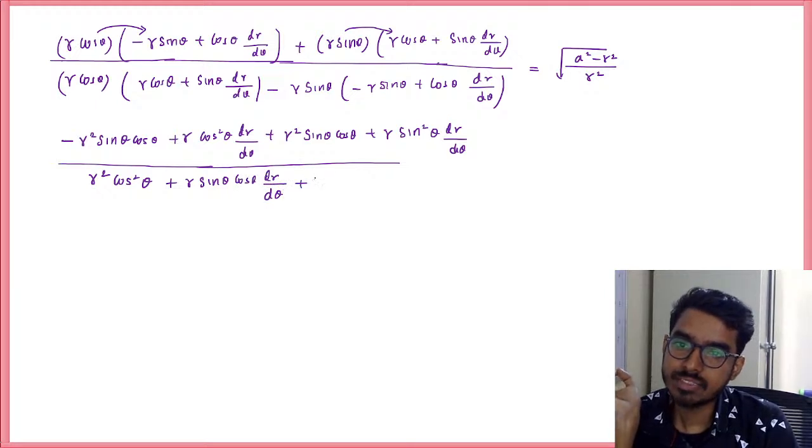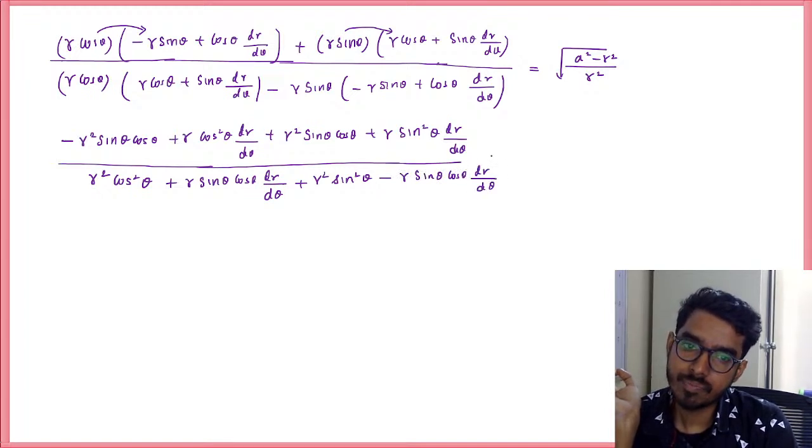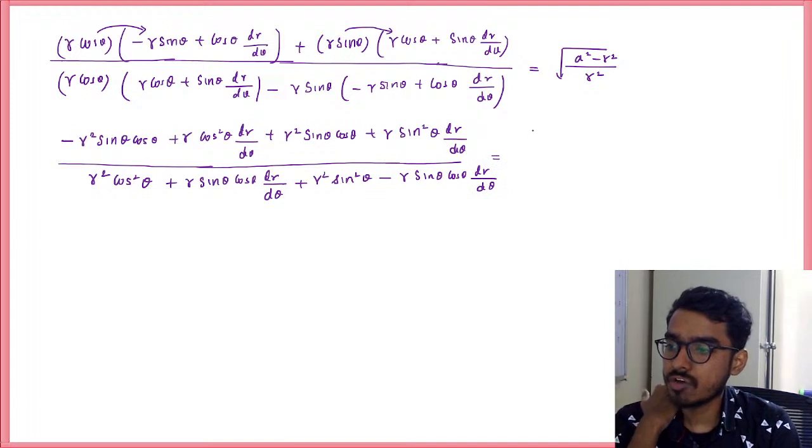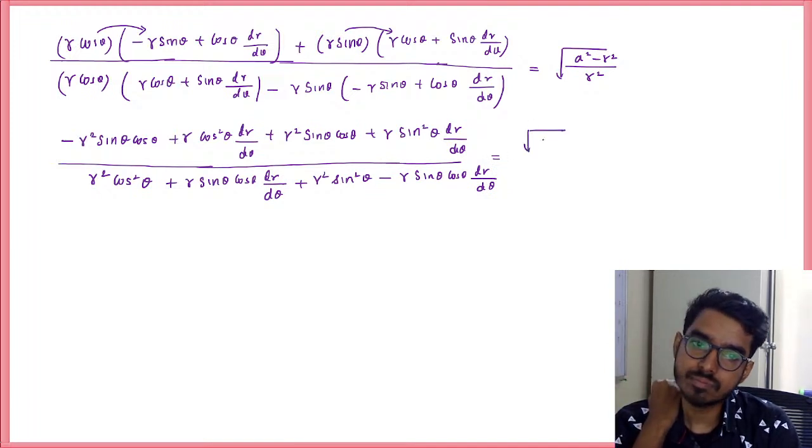Here we have plus r square sin square theta minus r into sin theta cos theta dr by d theta, is equal to root of a square minus r square by r, right?